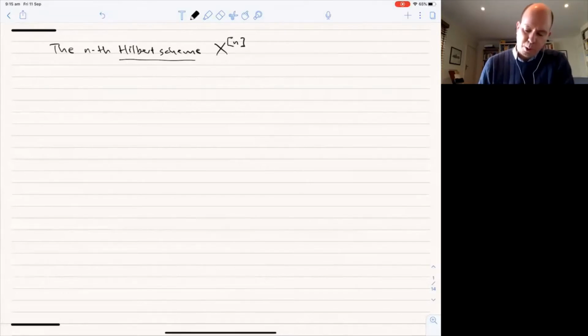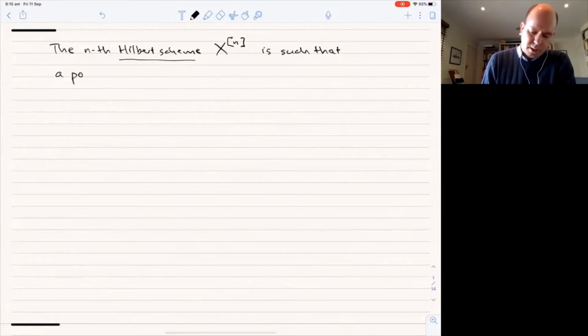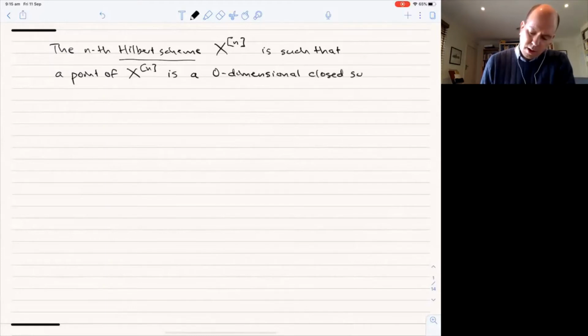But the property it's meant to have is that a point of the Hilbert scheme, again, a point over C, is meant to be a zero-dimensional closed subscheme of X of length n.